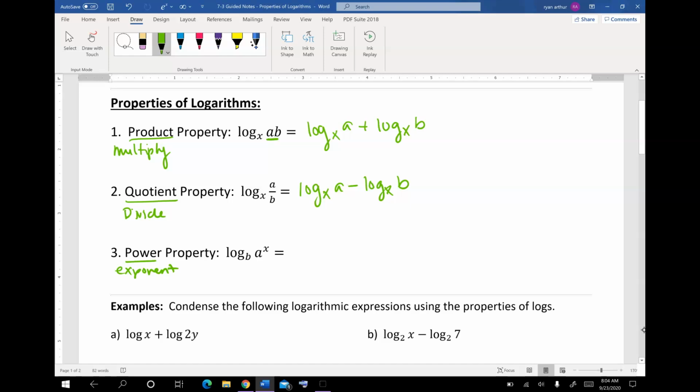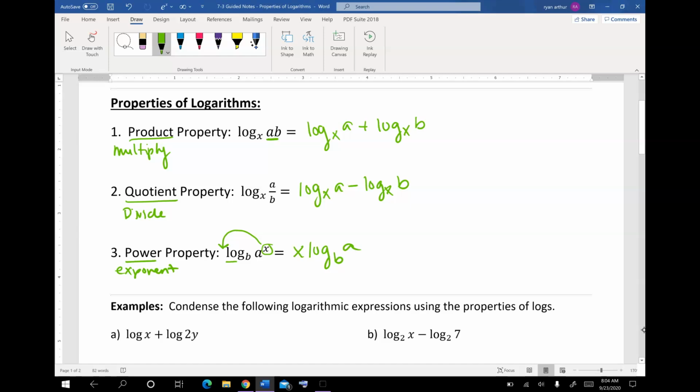So anytime you're taking the log of an exponent, see that exponent? It's not an exponent anymore. It actually goes to the front. And I rewrite this as x log base b of a. And you're done. So those are the three properties we're going to talk about.